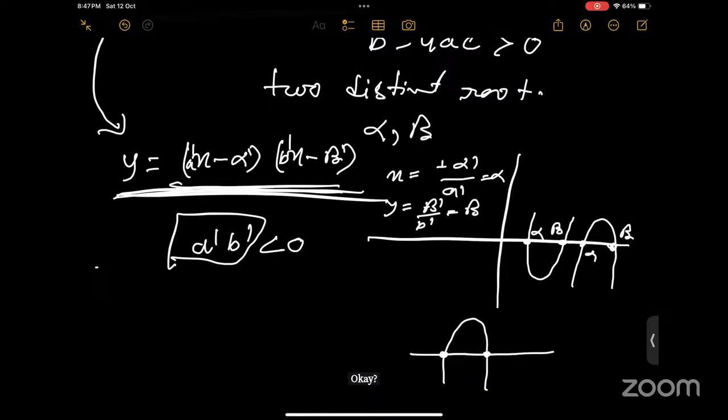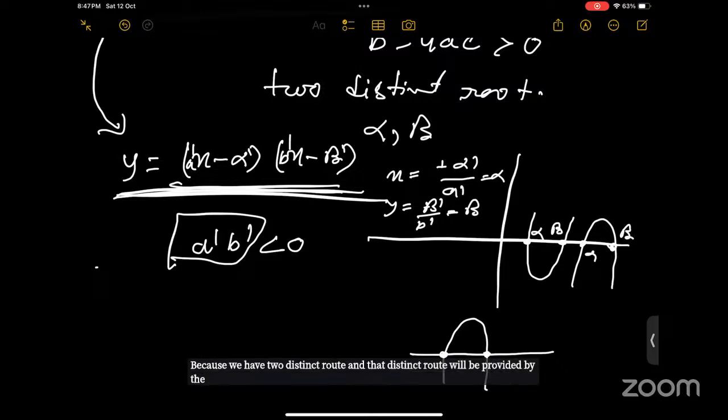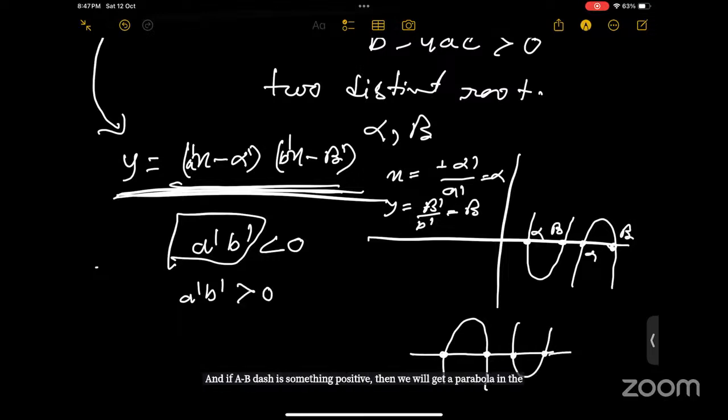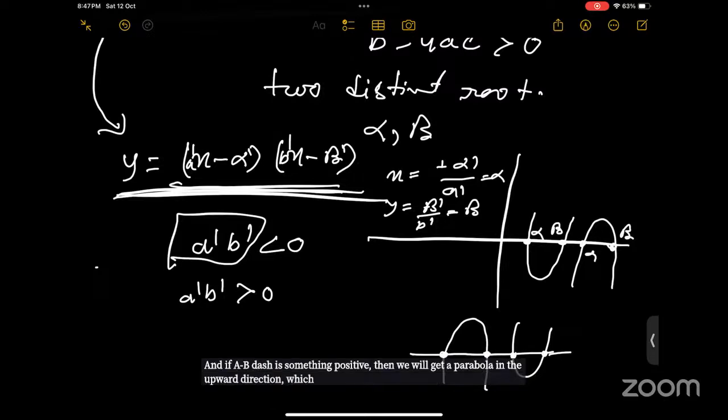Because we have two distinct roots, and those distinct roots will be provided by the x-intercepts. And if a dash b dash is positive, then we will get a parabola in the upward direction, which will again cut the x-axis in two distinct points.